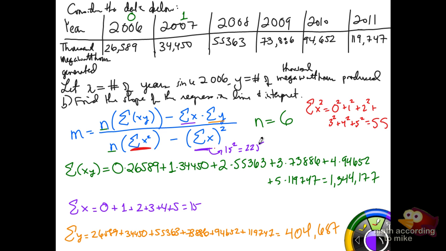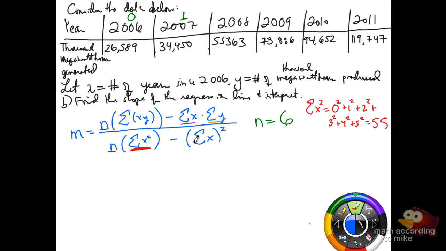Once you have your parts, all you do is you just put them in the right places. Okay, so let's use this formula. M is going to equal our n, which is 6, times our sigma xy.